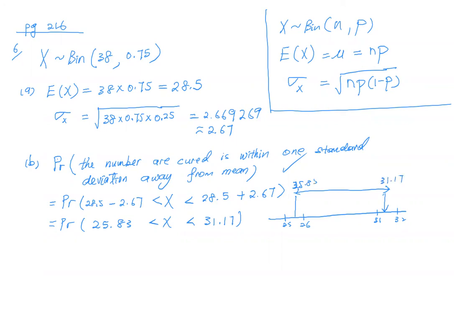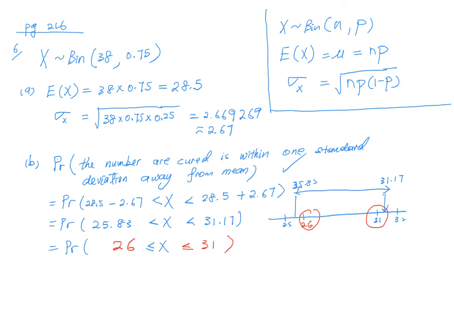If I use the whole number, my x must be greater than or equal to 26. So I put 26 here. Then for the upper one, take 31. Do you get me?